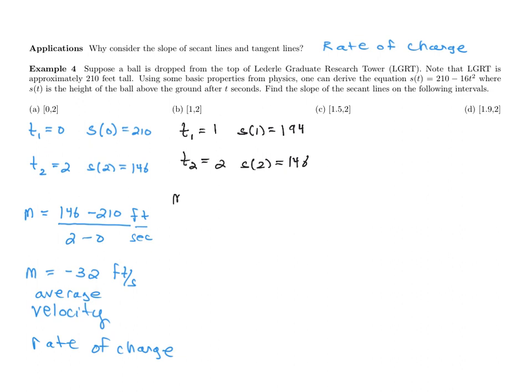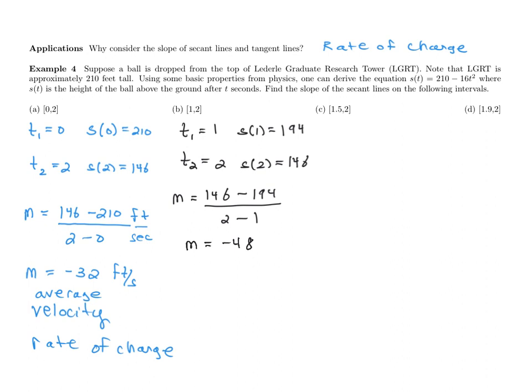If we want the slope over this interval, it'll be 146 minus 194, all divided by 2 minus 1. So I did this minus this over this minus this. If I compute this in my calculator, I get negative 48.